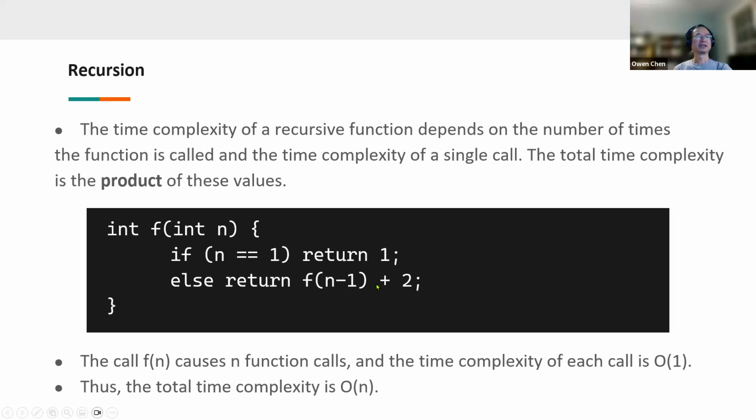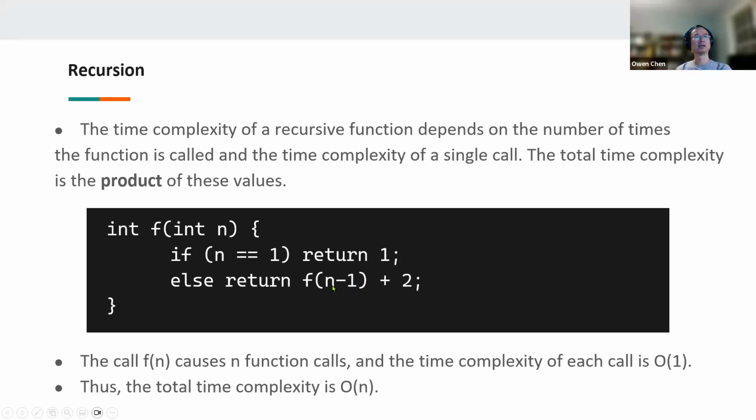It depends on how many times each function call calls itself recursively. In this example, you have a boundary condition: when n reaches one, you return; else, you decrease the input by one.